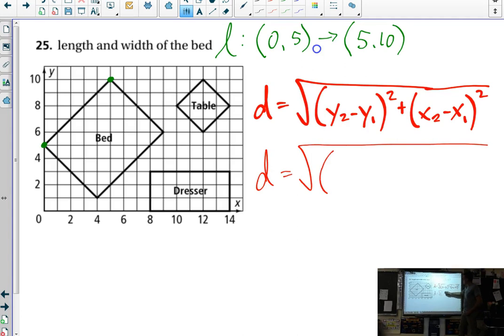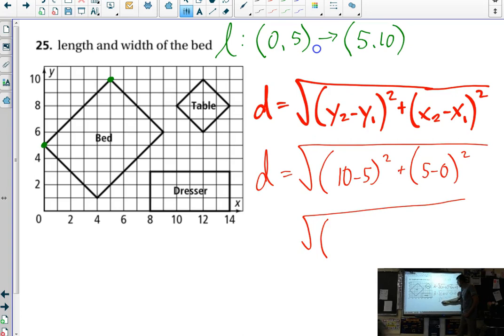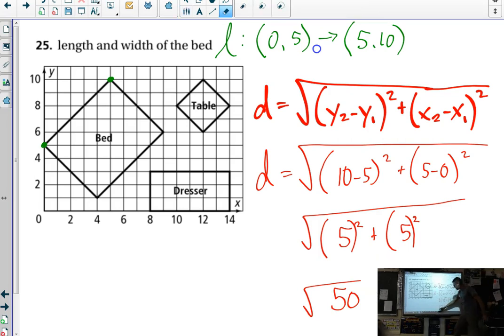I'll write out the whole process this time. 10 minus 5. 5 minus 0. 5 squared. 5 squared. And we're going to get square root of, well, each 5 squared is 25. So we get 50. Or we can simply say one of those 25s could have worked out to be 5 radical 5.